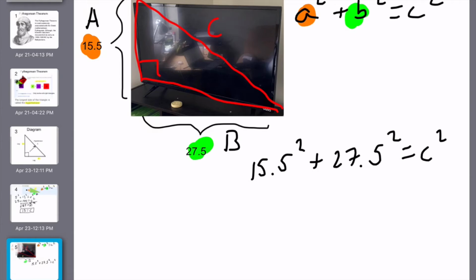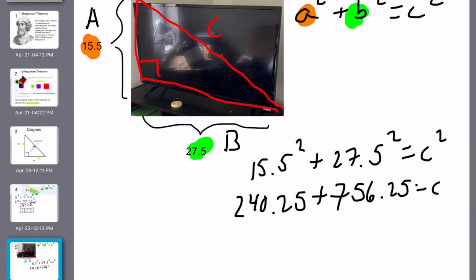Well, 15 and a half squared is 240.25 plus, and 27 and 5/10 squared is going to be 756.25, equals c squared. I add those two together, and the sum is 996.5 equals c squared.